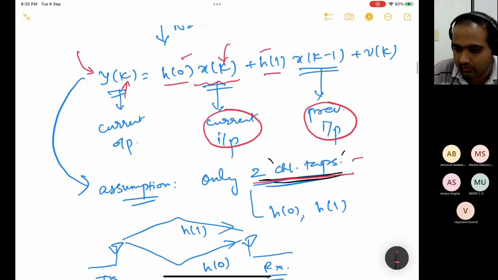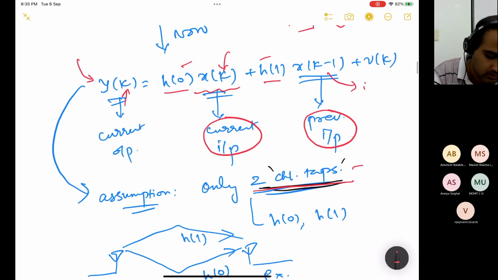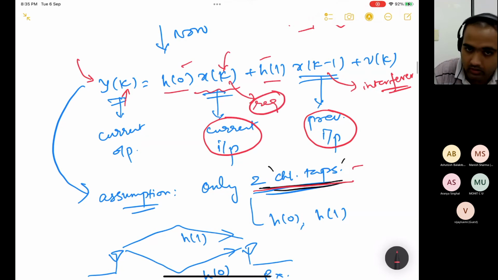So we don't want xk minus 1; it is my interferer, and xk is required. So we are going to perform some signal processing so that we can obtain xk.